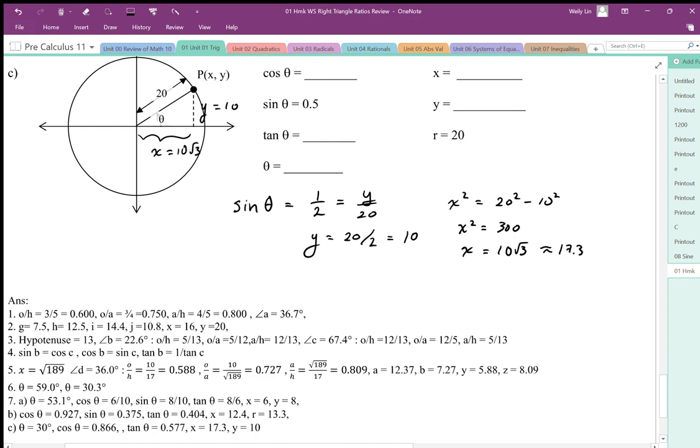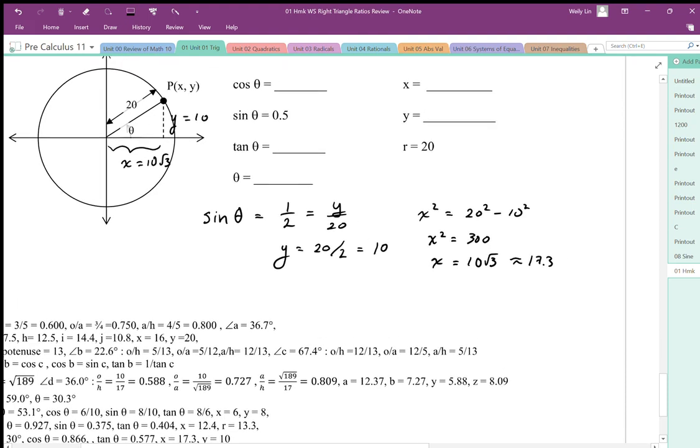Now this happens to be a special triangle, so when we work out the angle, we're going to see that it works out to a special angle. But without that, I can still work out the cosine ratio. It's going to be the adjacent side, 10 root 3, over the hypotenuse, which is 20, so that simplifies to root 3 over 2, and as a decimal value that works out to be about 0.866.